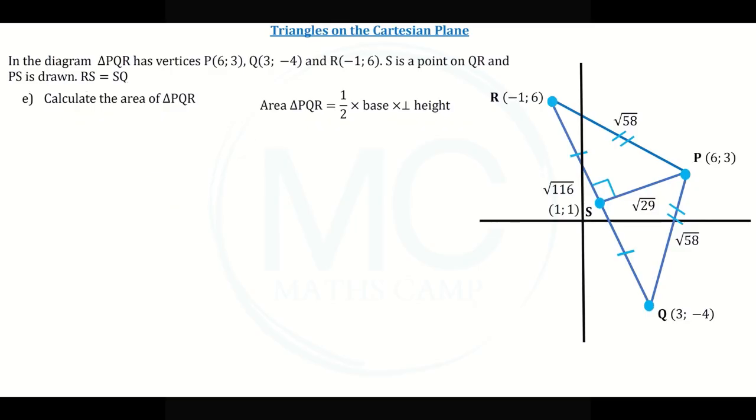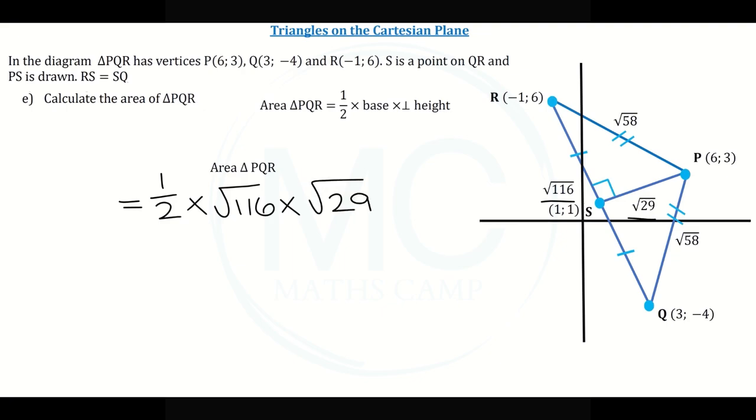And now we can make some space and find the area of the triangle. So we say the area of triangle PQR is equal to 1 over 2 multiplied by the length of the base, root 116, multiplied by the perpendicular height, which we just found to be square root 29.